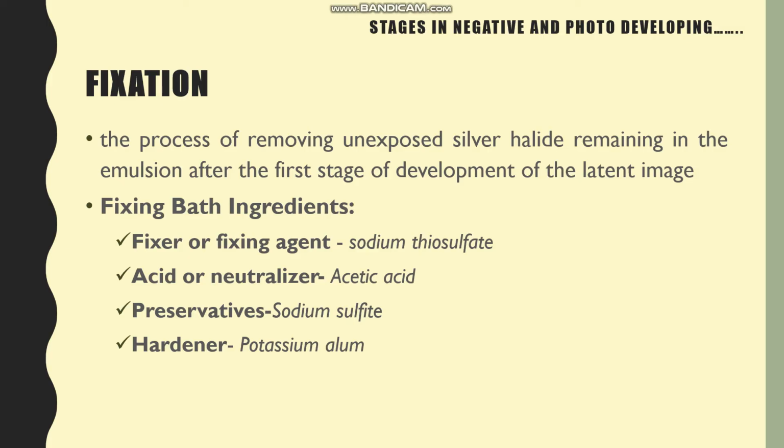Okay, next is the acid or yung neutralizer natin, which is the acetic acid, na kung saan idinadagdag to dun sa ating fixing agent or dun sa fixing bath na tinatawag natin to neutralize the action of the developer na natitira pa rin dun sa ating emulsion layer. Once kasi na iyan, automatic yan sa ating developing stage, yung kaunahan. Binabad natin sa developer, lumabas si latent image, naging visible image.